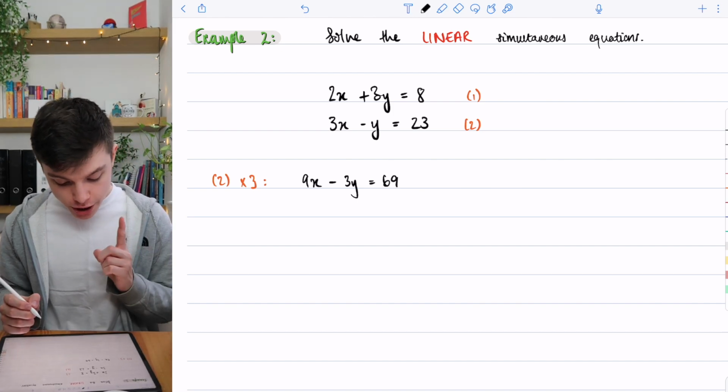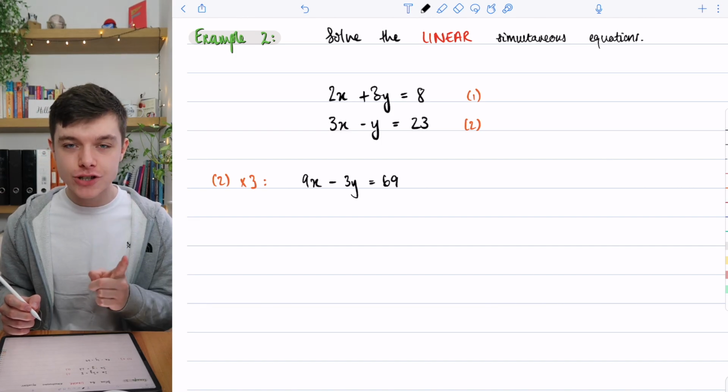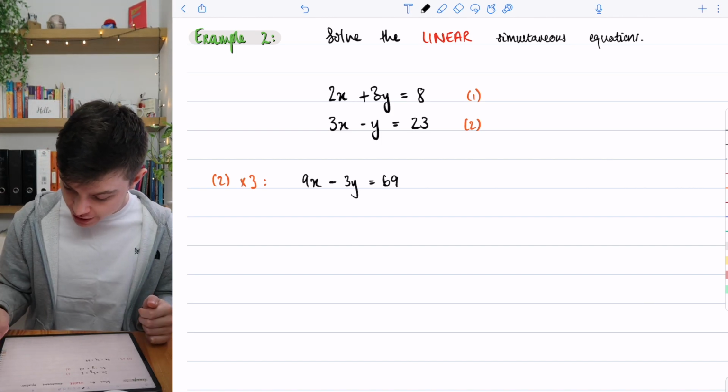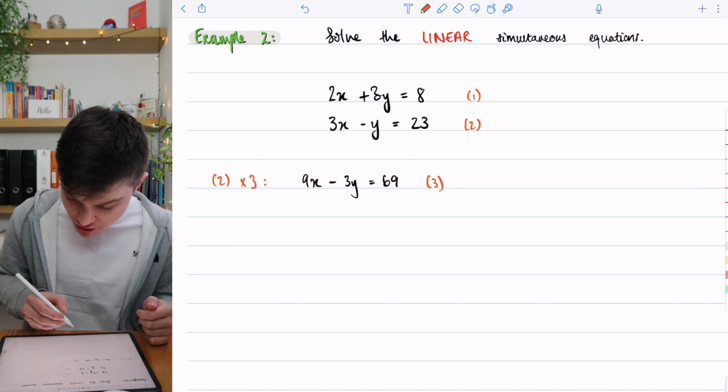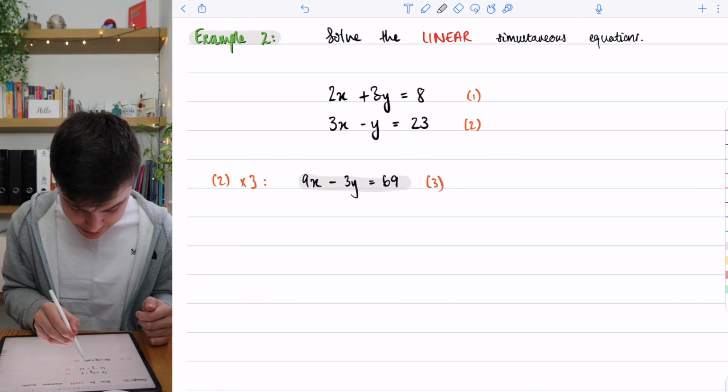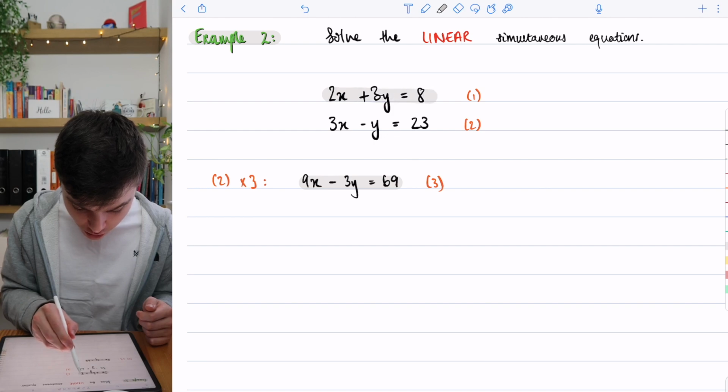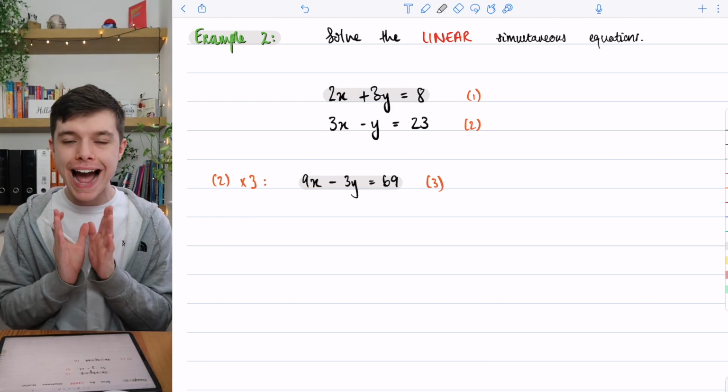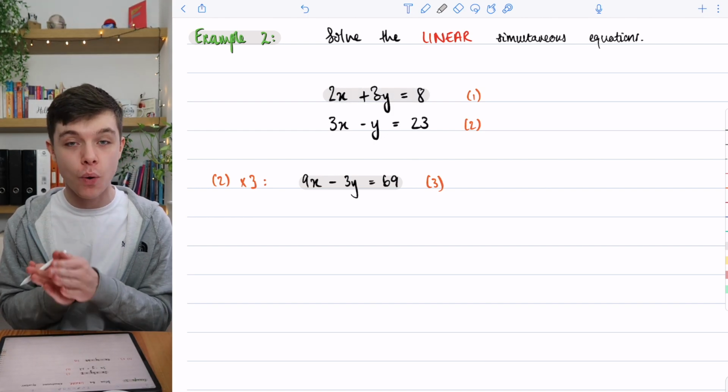Okay, then we can now add the two equations together. If I call this now equation 3, I'm going to add this equation and this equation together. When I add them, we're going to eliminate y.